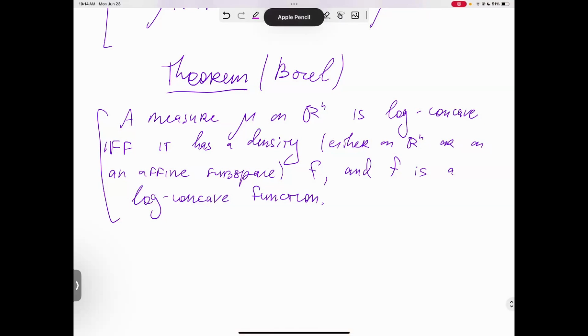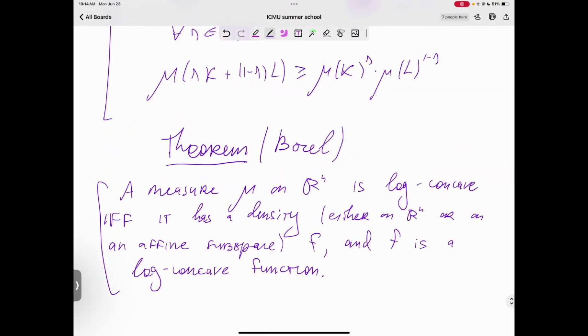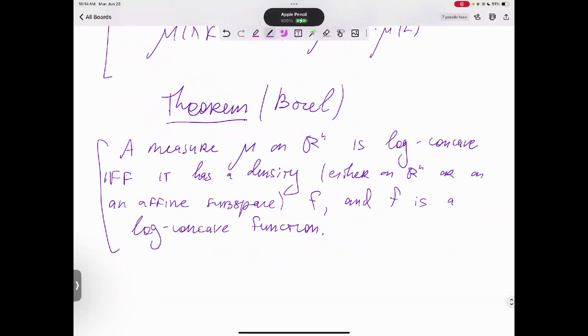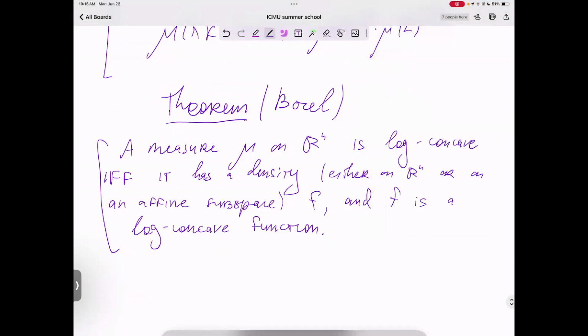While I'm dealing with the pencil, we're almost done with the lecture. Anyway, let me just finish here, and we will start lecture 2 tomorrow. But note that Borell's theorem implies the Brunn-Minkowski inequality. That's it for today.